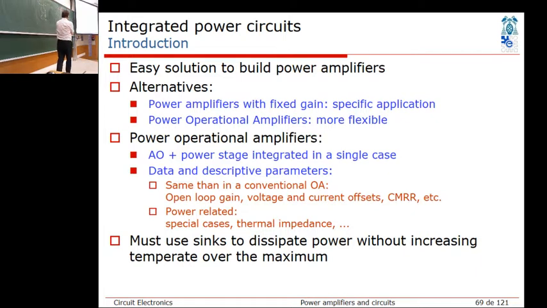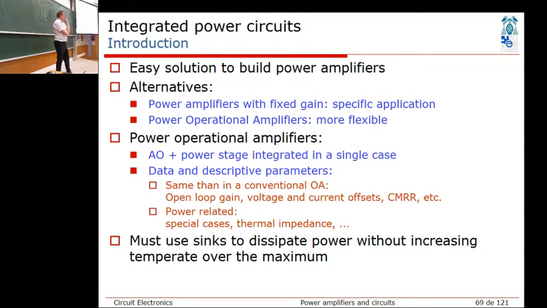Those power operational amplifiers are much easier to use than making your own design. The small thing about power operational amplifiers is that they tend to be quite expensive.